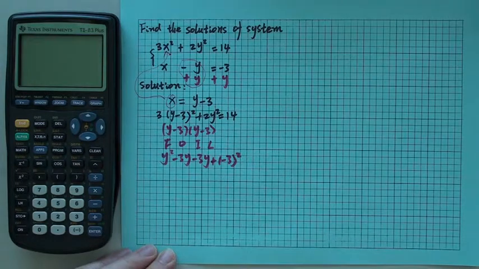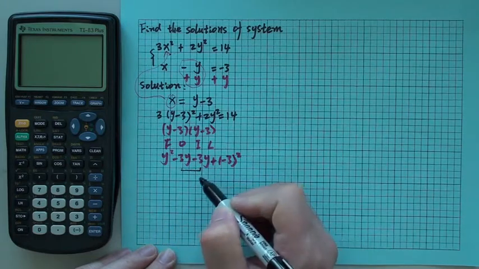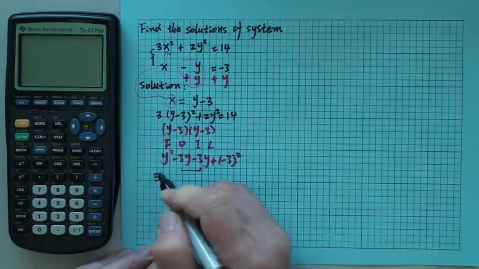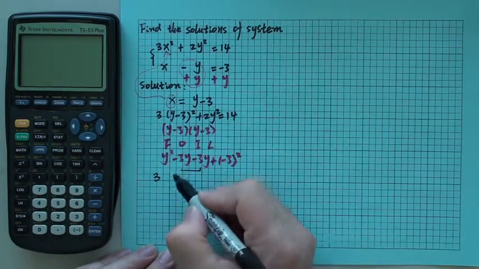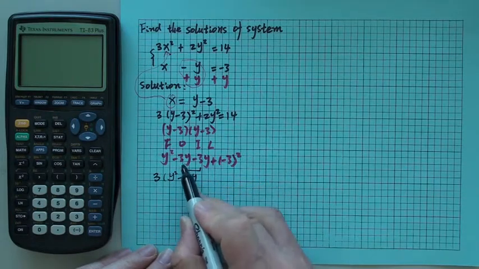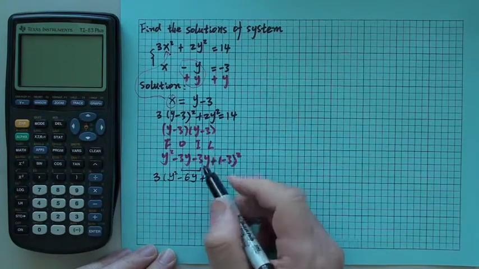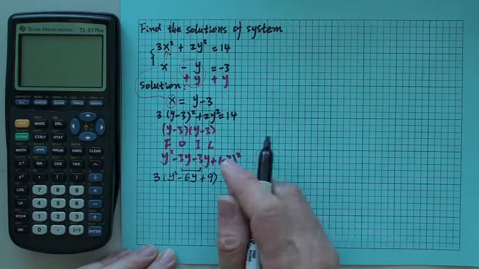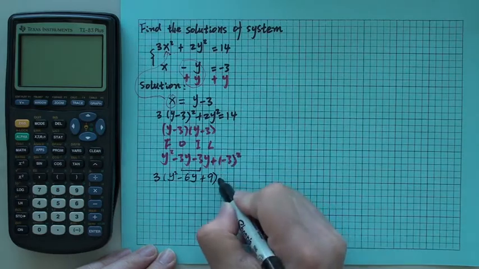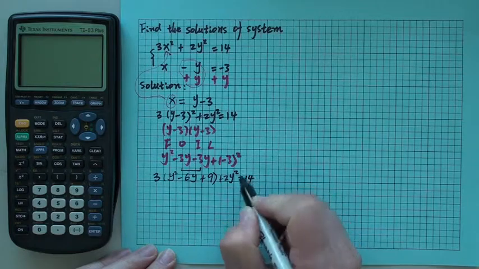Now you can combine those two terms. So what we get is 3 was there, and then you will have y squared minus 6y plus 9. Okay, now we are done with y minus 3 squared. You put 2y squared there equals 14.